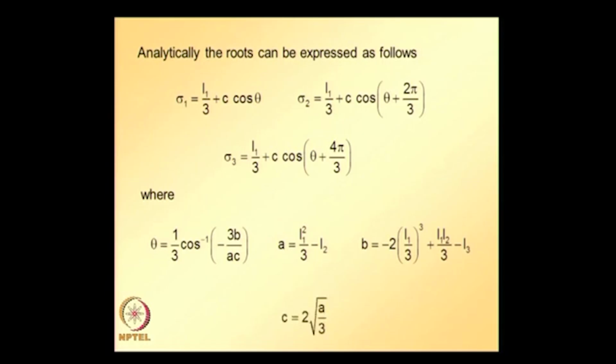So either we can evaluate sigma 1, sigma 2, sigma 3 by solving the cubic equation in terms of stress invariants numerically, or we can use these analytical solutions to get sigma 1, sigma 2, sigma 3 for further application in any of the failure criteria.